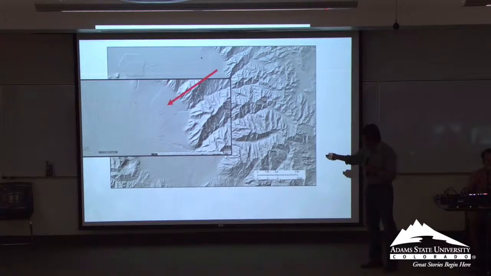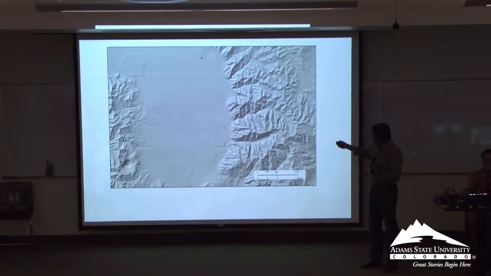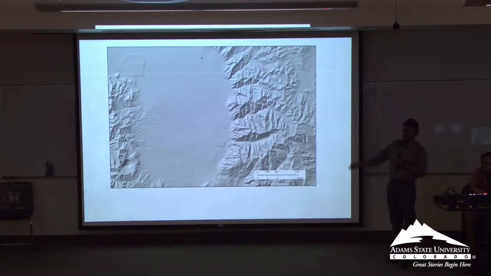Because clearly, I think that this is a large bajada, which is, like you said, Marty, all of these are catchment areas that are depositing sediment to the mountain front, and it probably extended far out in this direction, and they've done some stuff to modify it when they're building.